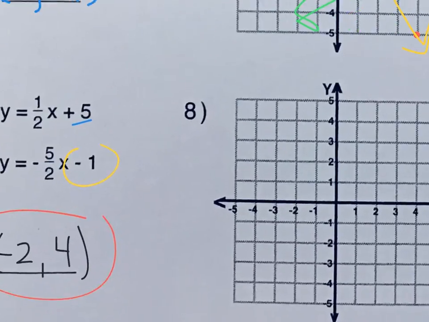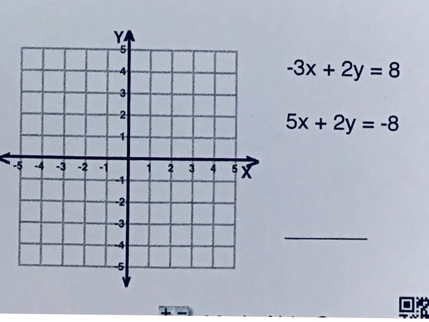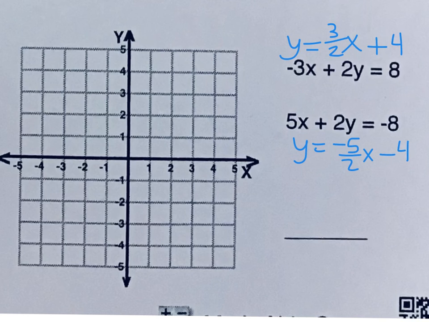Okay, so our last one, if you tried to manipulate this on your own, you should have gotten y = 3/2x + 4 for this one, and y = -5/2x - 4 for this one. Okay, so we're going to begin at the b, which is +4.